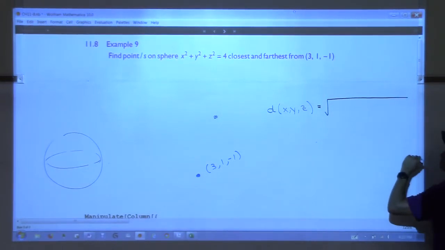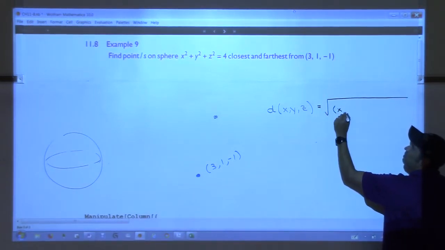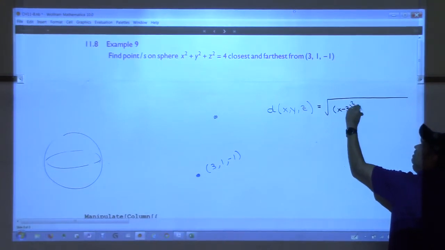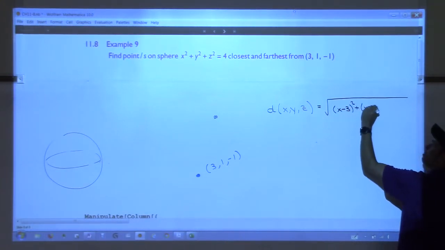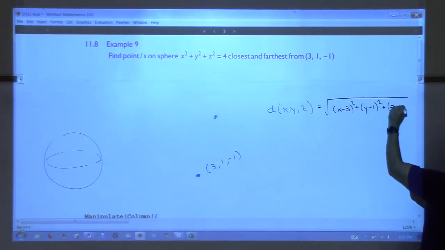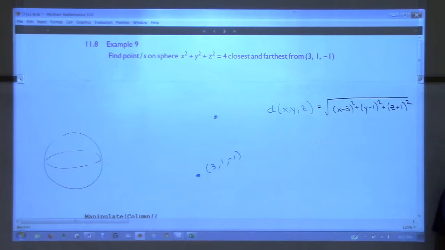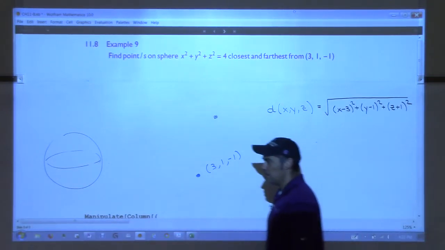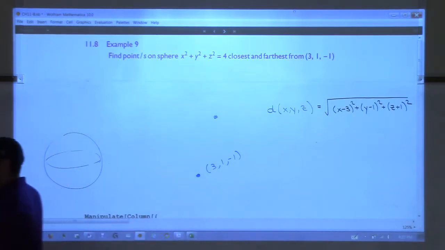Square root of the difference of the x coordinates squared, plus the difference of the y coordinates squared, plus the difference of the z coordinates squared. That's our standard distance function.